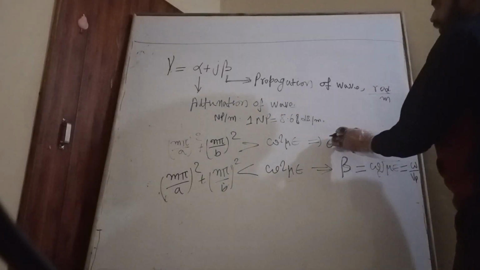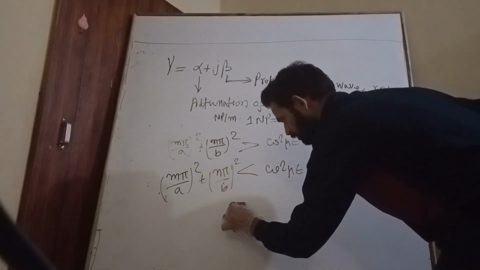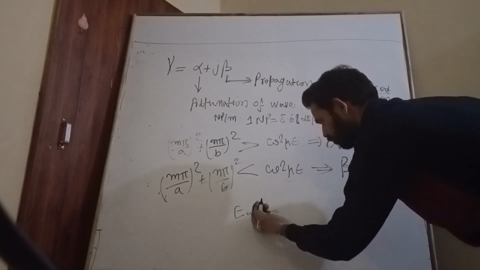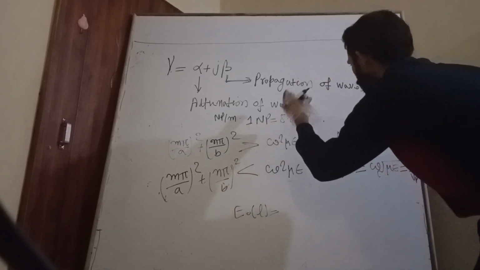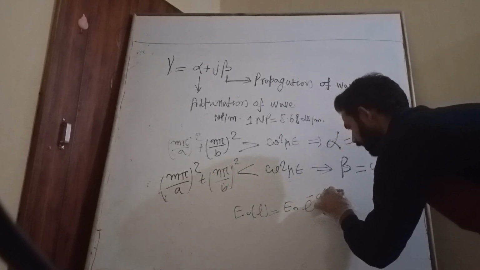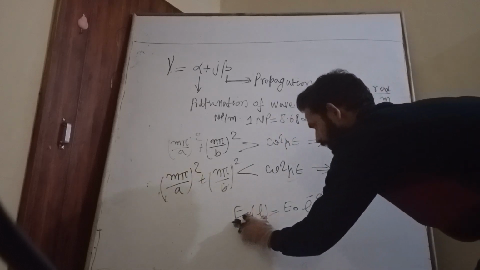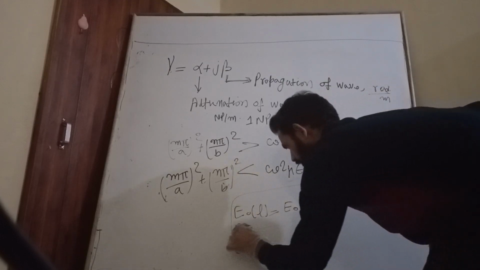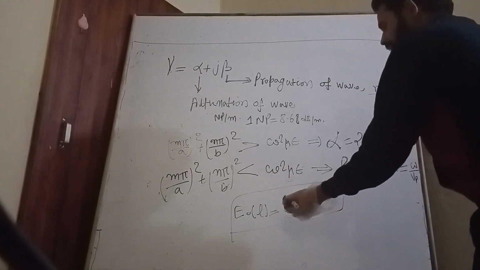Once we get the alpha value, we can put it into the expression where the signal propagates through the waveguide and gets attenuated by some factor: E naught e to the power minus alpha L, which reduces the signal at some distance L. In this expression we put all those values.